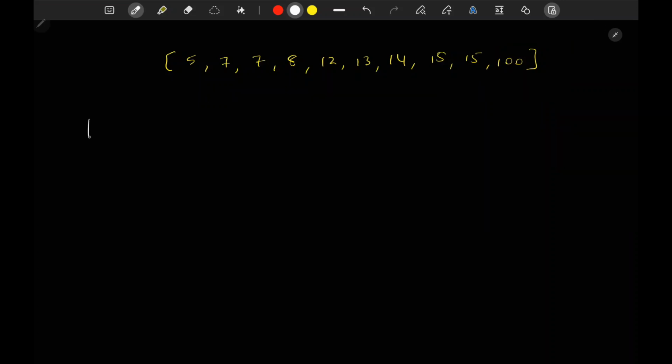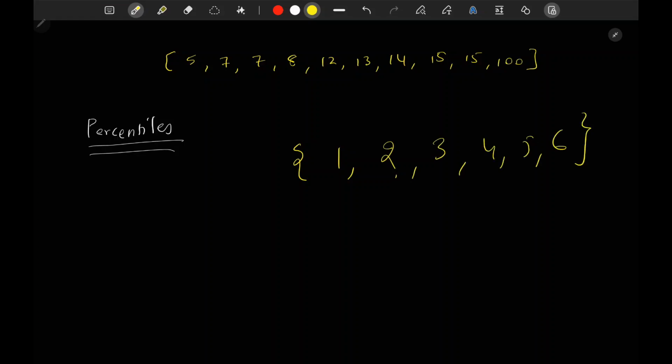So now we will see about percentiles. Before seeing about percentiles, we will first see what percentage is. Assume we have a small distribution of points like 1, 2, 3, 4, 5, and 6. Assume someone asks what is the percentage of even numbers in this set.